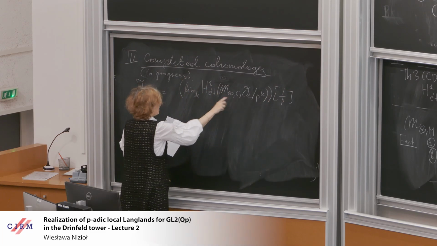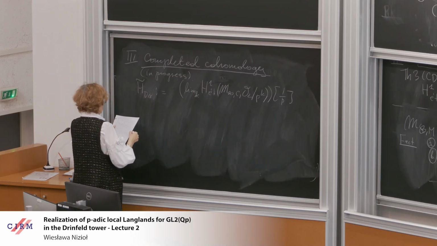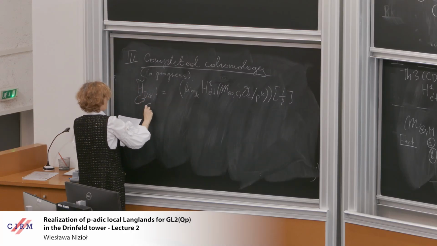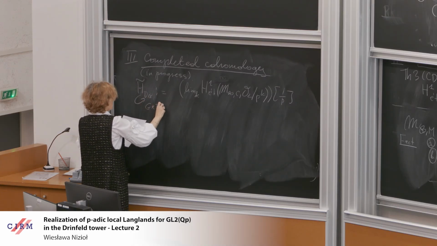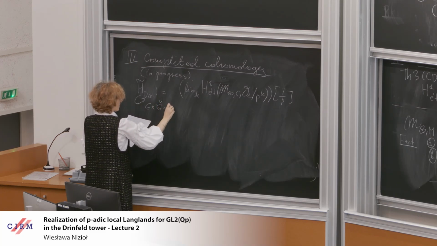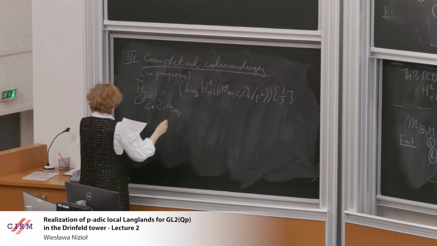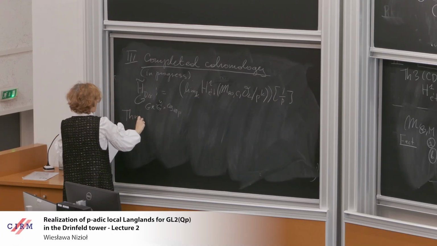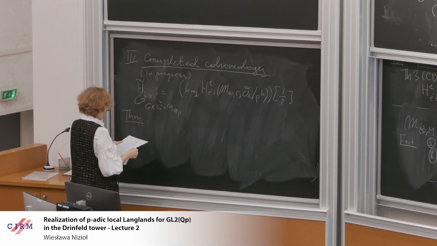And this is, of course, inductive limit of finite level cohomologies. So now this has G, D star, so G check, and Galois action, and theorem. So let me just mention the pointwise results.